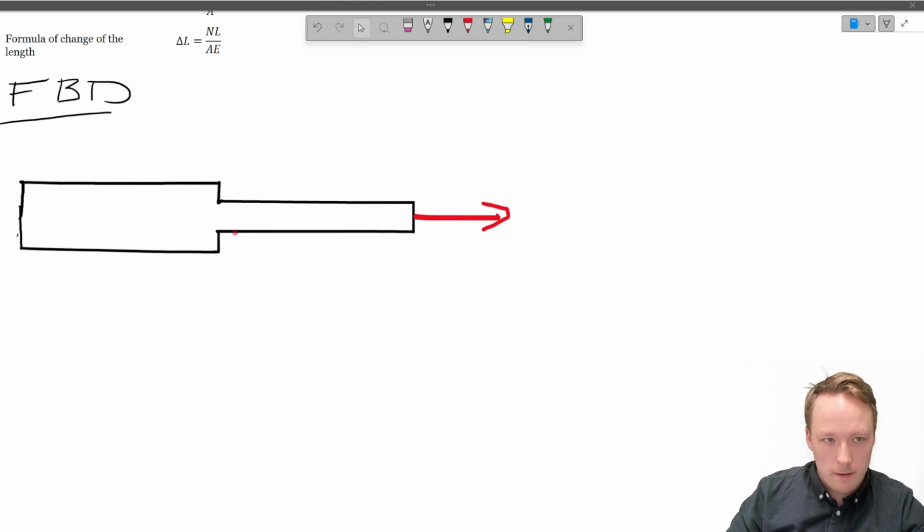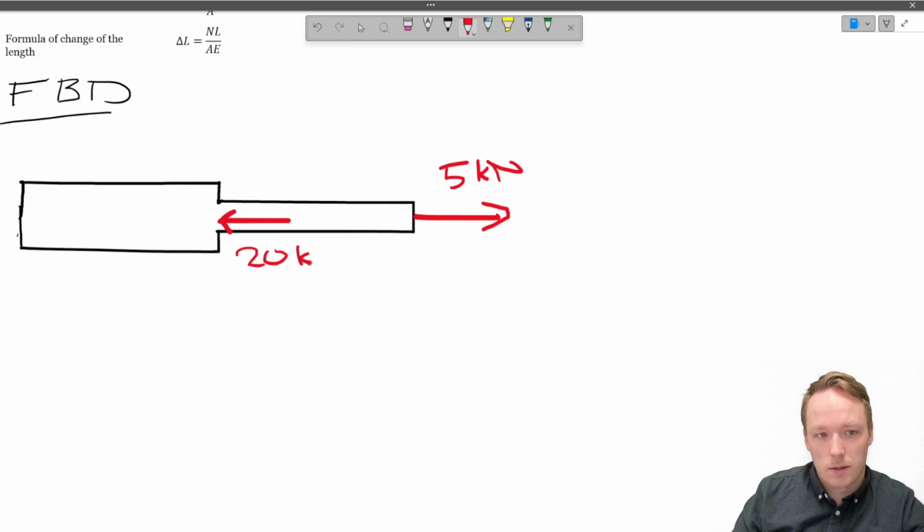Then we have a force in here, but this one is compressing or pushing from here. This one is 5 kilonewtons, and this one is 20 kilonewtons.